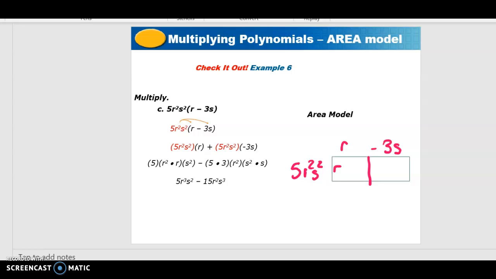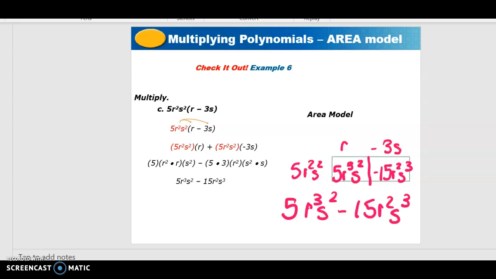So this is going to be a 5r cubed s squared, and this is going to be a negative 15r squared s cubed. Now let's write our final answer: 5r cubed s squared minus 15r squared s cubed. And again, that is the same thing that we got.